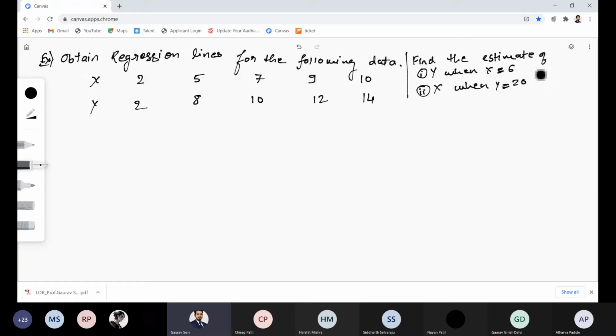For this we are going to need y as a function of x. So that is the regression line y on x. In the second, I have to find x when the value of y is given, so x is to be a function of y. So this means regression line x on y. Whenever you are estimating, you have to be sure which value is provided, so that according to it you will need the regression line. So let's find out both the regression lines here.